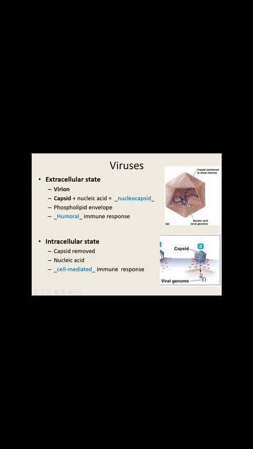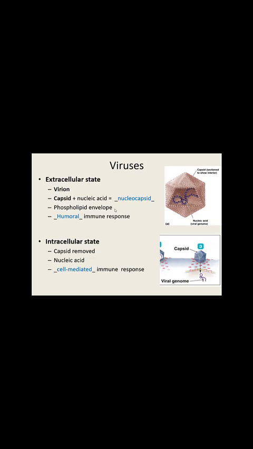So when it's in an extracellular state, we can call them virions, we can call them nucleocapsids. Some viruses do have a phospholipid envelope, very much just like a cell membrane. They don't make it, they steal it from their host cell when they're released from their host cell. And we'll go over some pictures showing how that happens. Now, because they haven't gotten inside of our cells yet, it's our humoral immune system that's going to recognize and respond to the viruses at this stage.